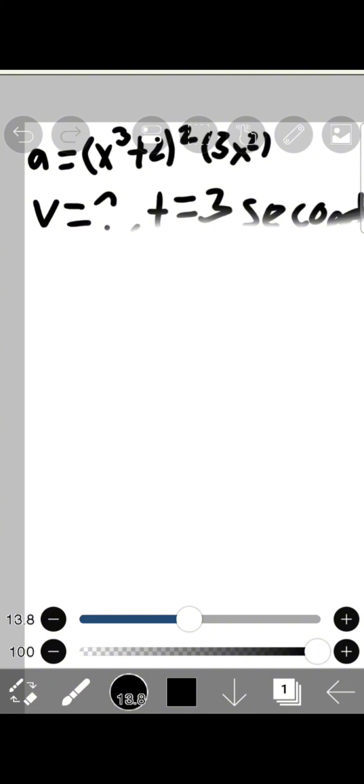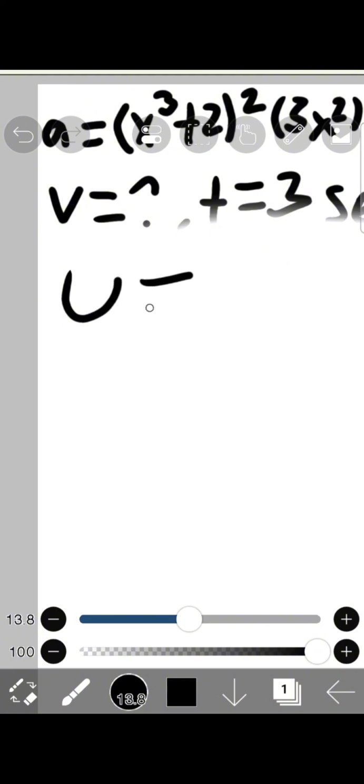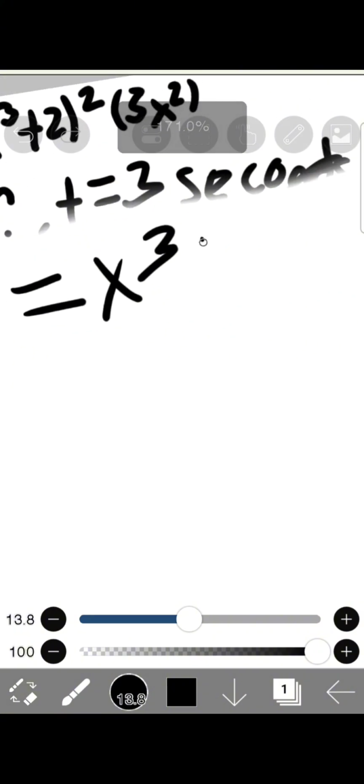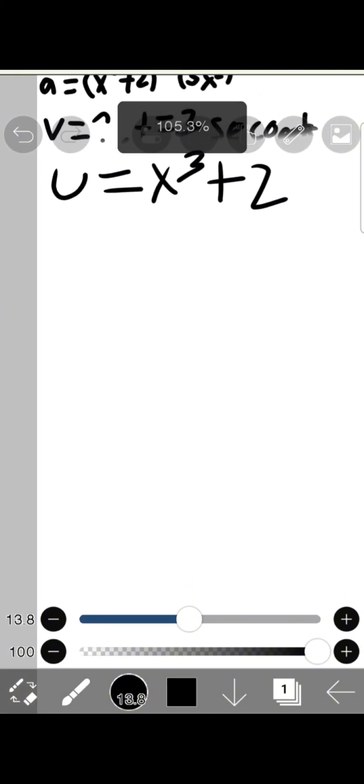So remember, our u is equal to x cubed plus 2, and that never changed. So let's go ahead and substitute it.